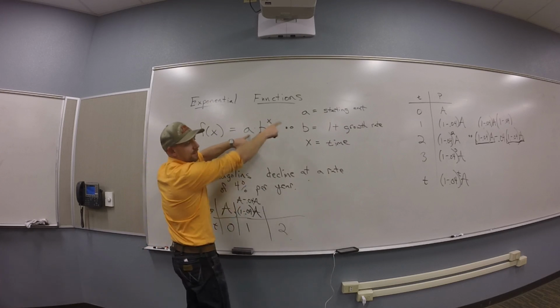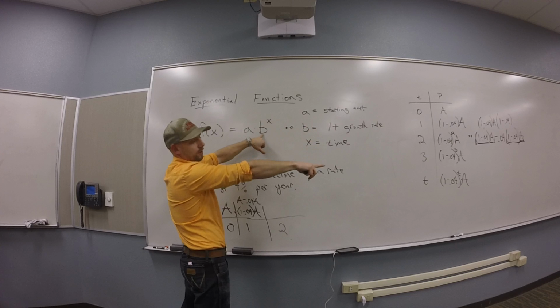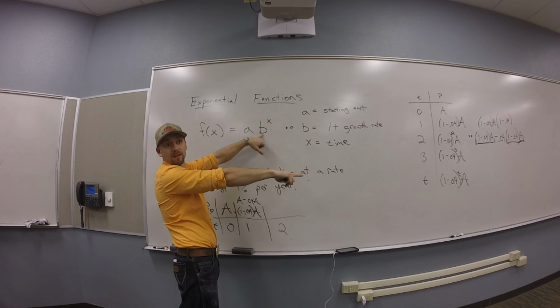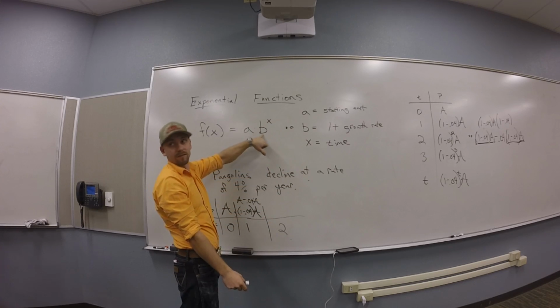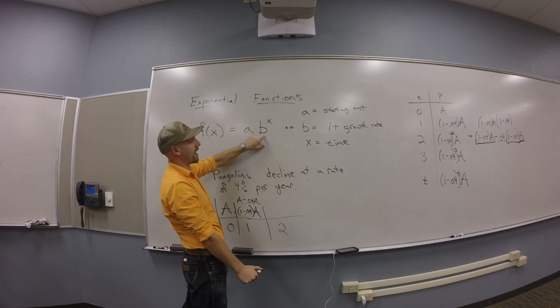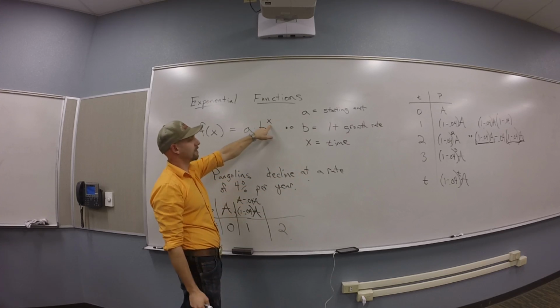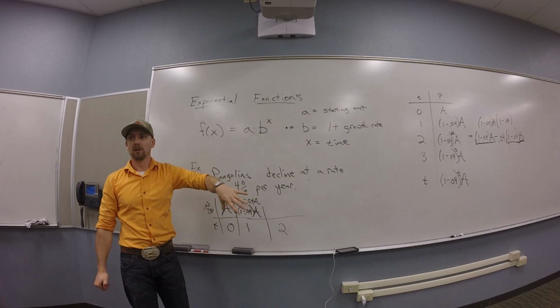A is the starting amount. B is 1 plus the growth rate. The growth rate in this case is negative 0.04. So that's where this base comes in. That's the thing I'm raising to more and more powers. And x is really me thinking about time. You guys cool with that?